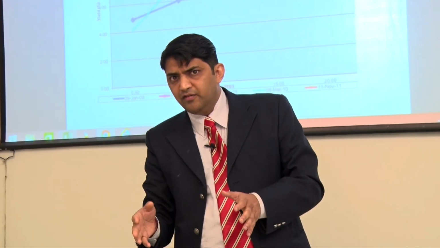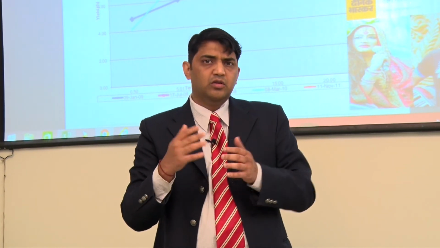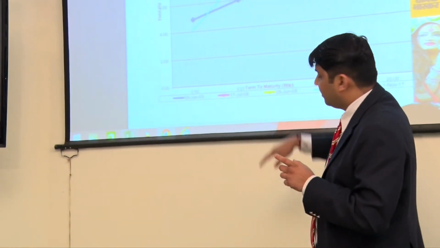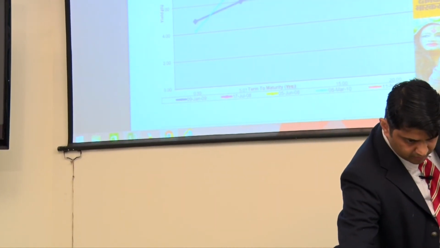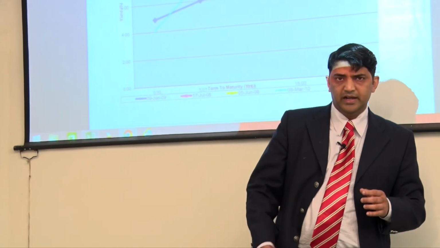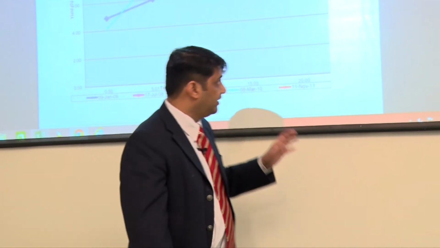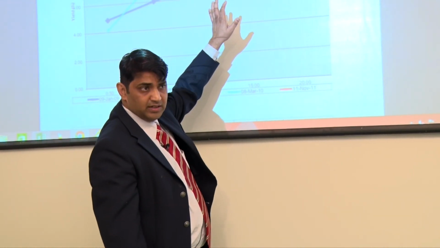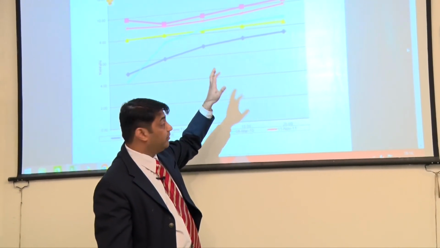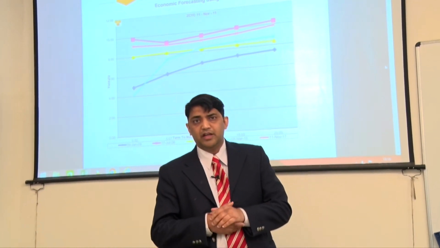Does the low yield curve tell something? Does the high yield curve tell something? So we need to look at all these topics, and therefore this entire discussion will now focus upon the various types of yield curves, the shape of each yield curve, and what we can interpret from each of these yield curves. That we will be looking at in the next video. Thank you very much.